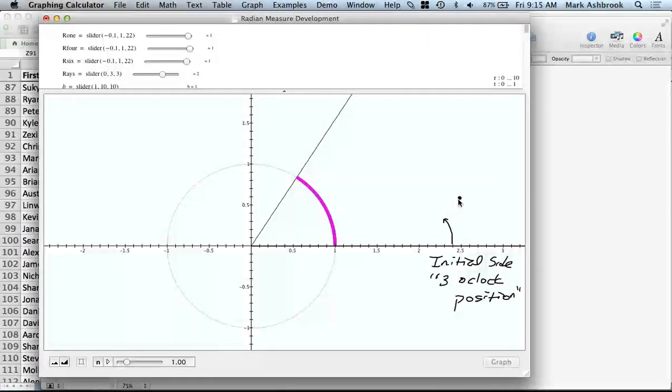So counterclockwise is a positive measure of openness. Clockwise, negative. If you open the angle starting here this way, that's considered a negative angle. Okay, this is the terminal side.